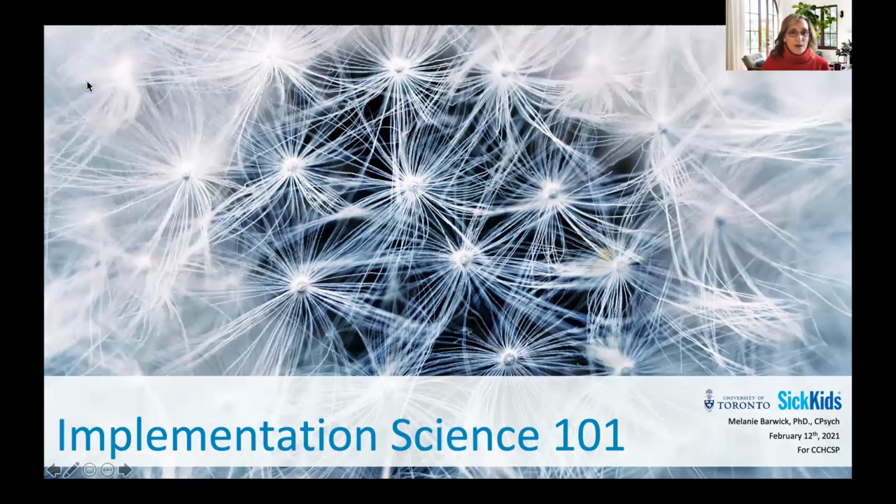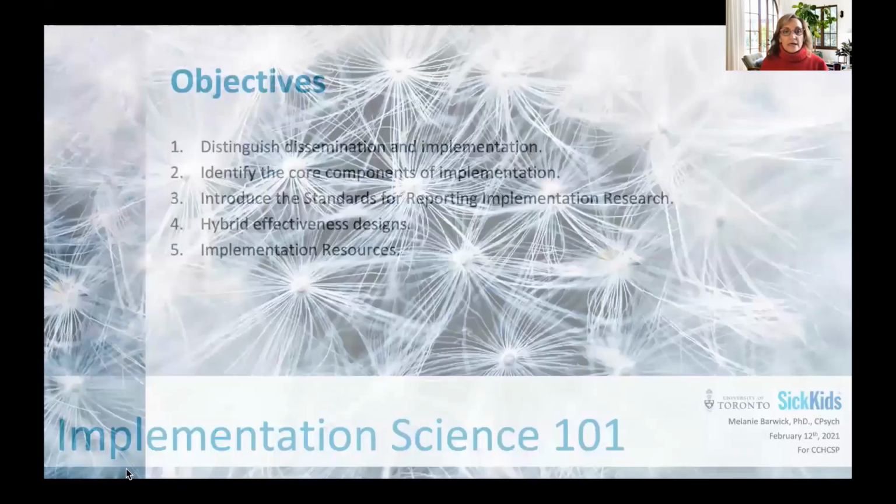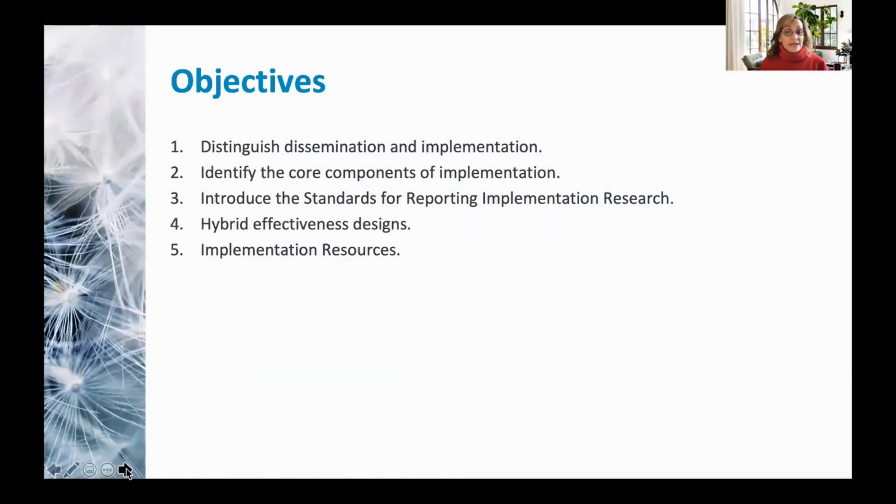So here we go. I'm going to talk about implementation science today in the next hour and give you a bit of an overview of why it's important, distinguish dissemination and implementation, so just unpack that knowledge translation term we're so fond of in Canada. And then identify what I view and what others view as the core components of implementation. It's a huge field.